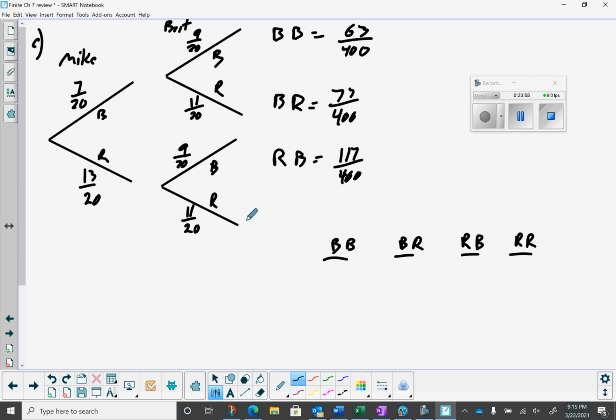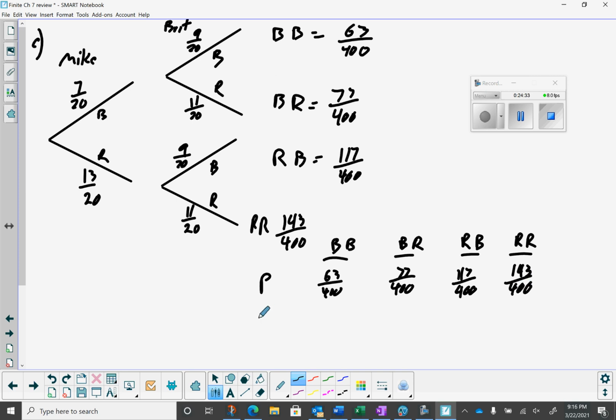And 11 times 13 for red, red will be 143 out of 400. And again, a quick check, making sure that all of those give us the sum that we need. Okay, so for our probabilities, I'm just going to copy those down again. 63 out of 400, 77 out of 400, 117, and 143.